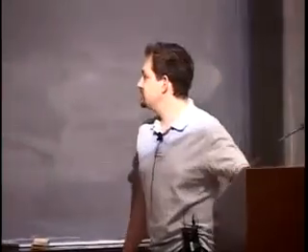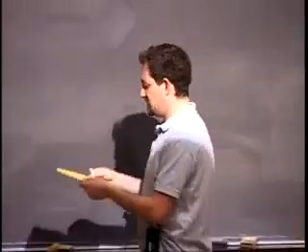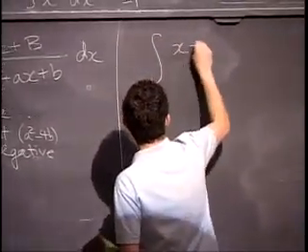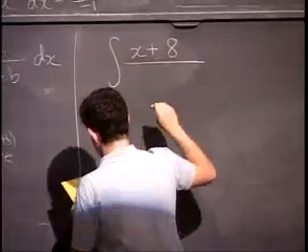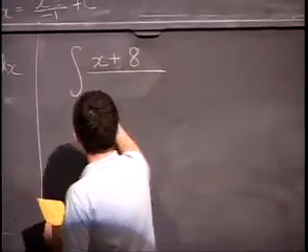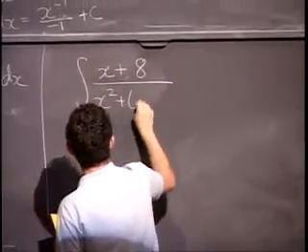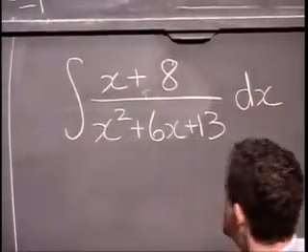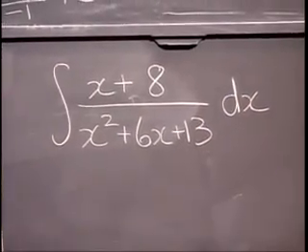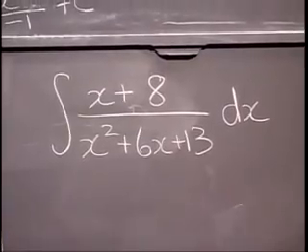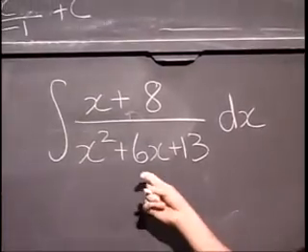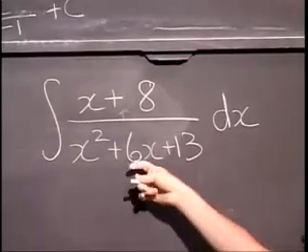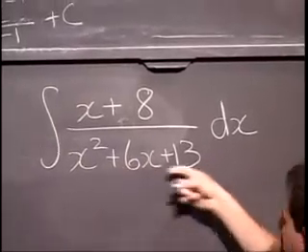So I'm going to use, as an example along the way, the integral of x plus 8 over x squared plus 6x plus 13 dx. So imagine that was the problem. Let's look at the bottom. It's a quadratic. What's its discriminant? It's just this coefficient squared minus 4 times this.